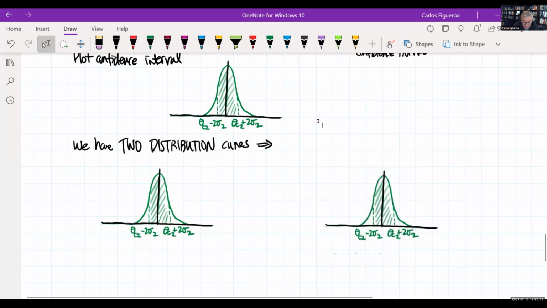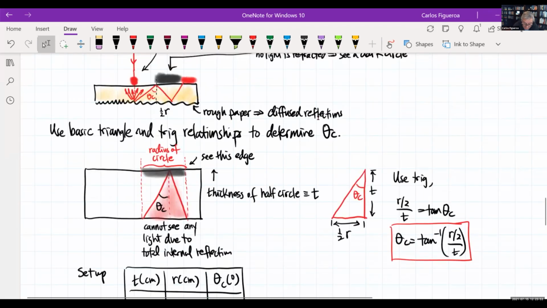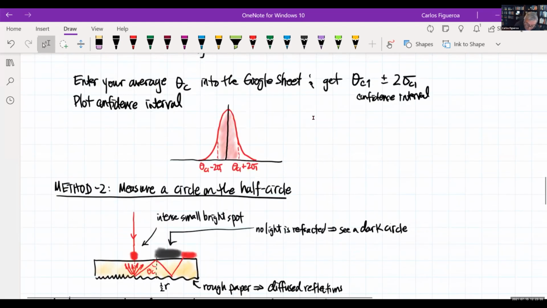Now I'm going to go get the other one. Here's my red one. I'm going to copy that and I'm going to go down.